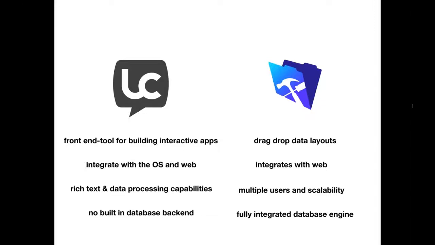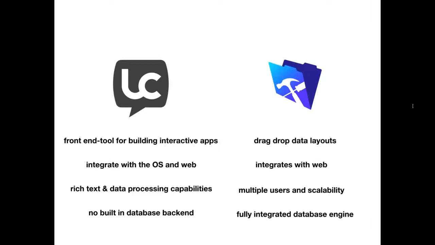FileMaker has got really great drag-drop data layouts, so it's all very much centered around producing really strong data-driven applications. LiveCode integrates with the operating system and with the web. FileMaker mostly integrates with the web. There's not that much you can do to go out to the native operating system from FileMaker.